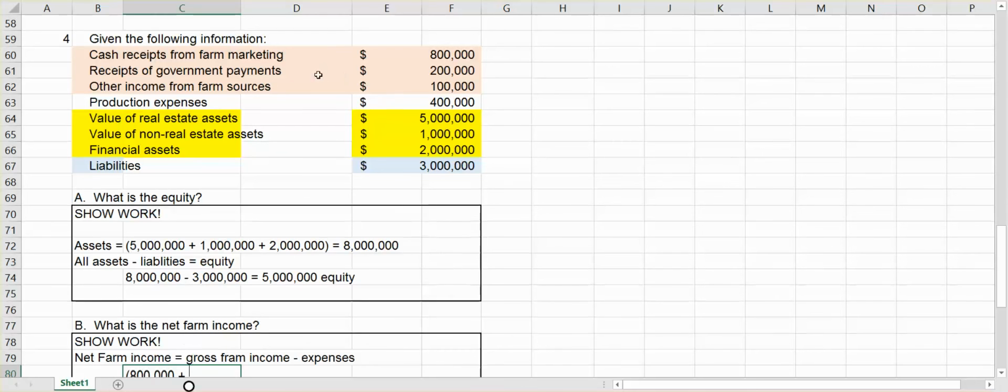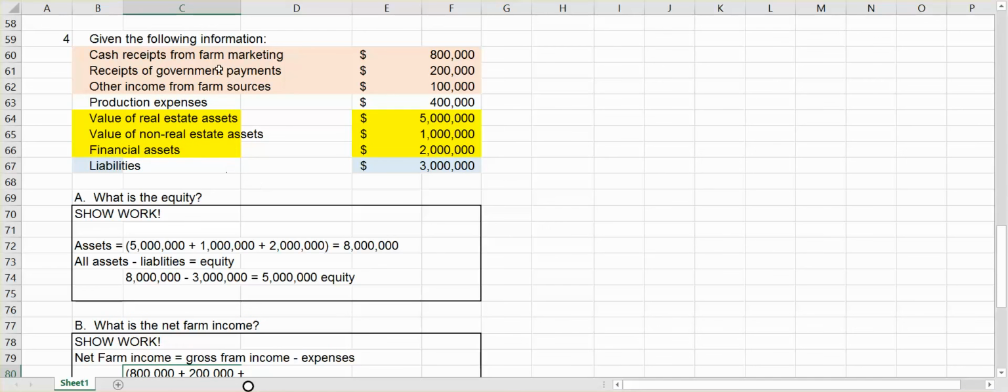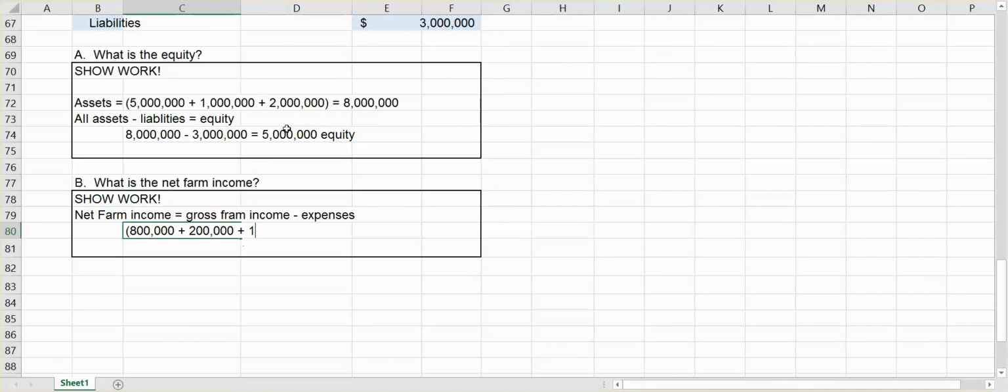Plus receipts of government payment are $200,000. Plus other income from other farm sources is $100,000. Okay, so if I add that up, my revenues are $1,100,000.